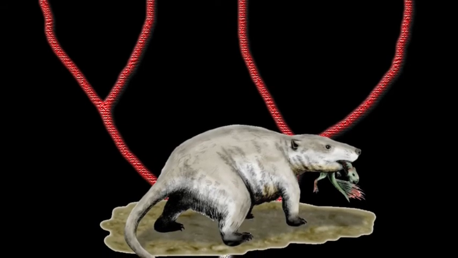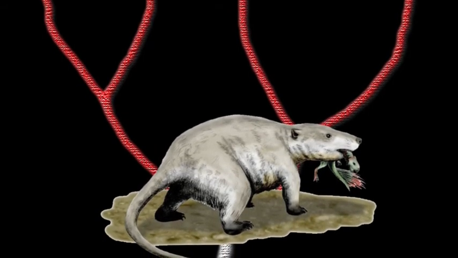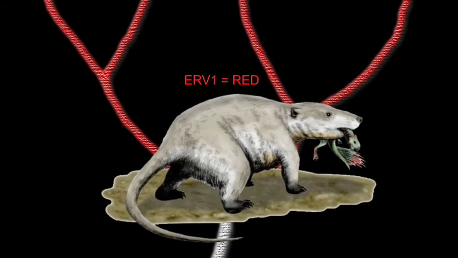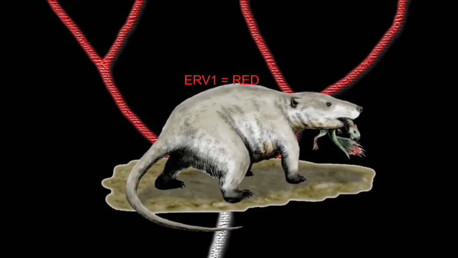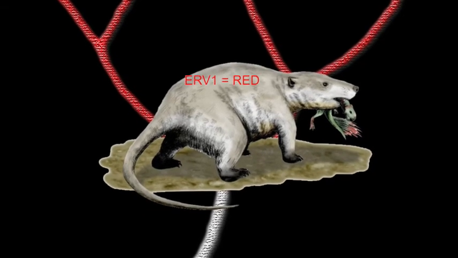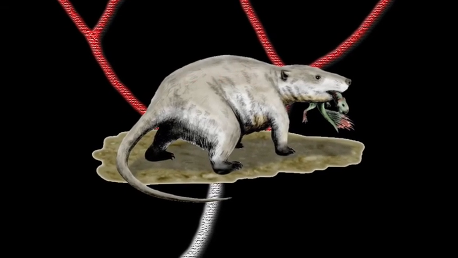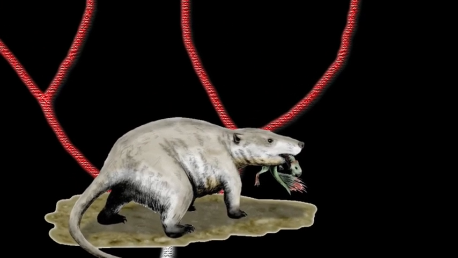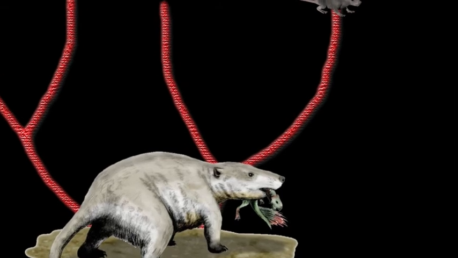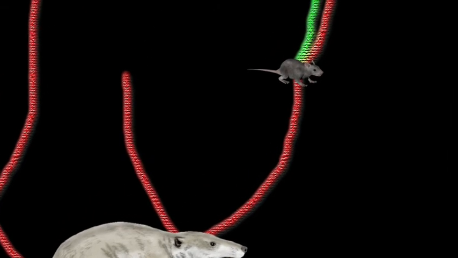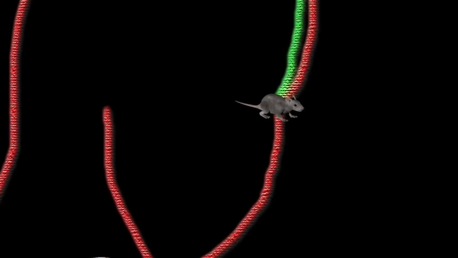All of the Primus descendants would be expected to carry the same ERV, let's call it ERV1, in the same chromosomal location. Fast forward 30 million years. Different lineages have evolved and derived from the original common ancestor, and there are now many different types of mammals in existence, all carrying ERV1.